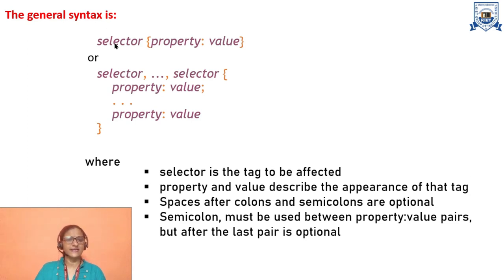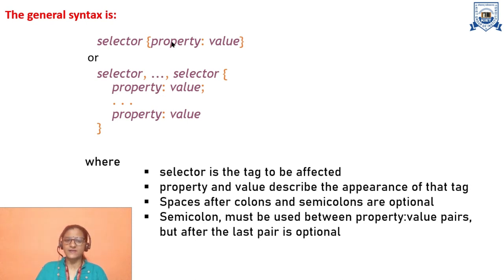The general syntax is like this: selector, its property, and the value. Or even we can combine a number of selectors separated by the comma sign, and we can give them a common look or common appearance. Okay, so this selector is just a tag to be affected, where we want to apply the effect.